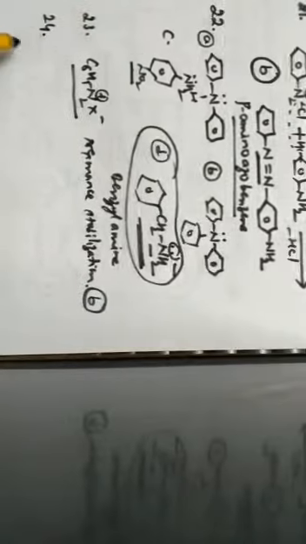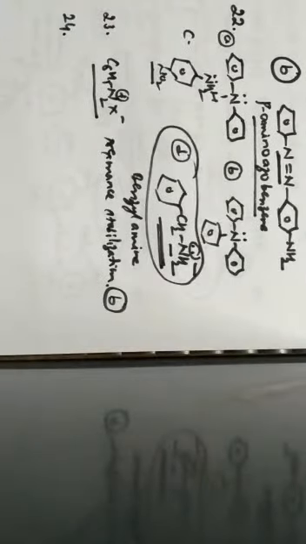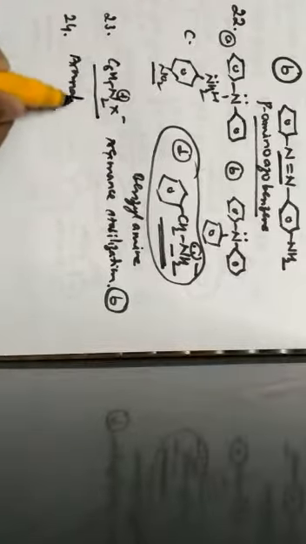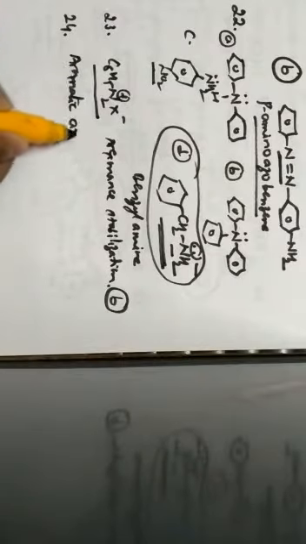Next, question number 24. Which of the following is least soluble in water at 298 Kelvin? So here, when it comes to different amines, the first option is methylamine, second option is trimethylamine, third option is dimethylamine, and fourth option is aniline. So we always know that aromatic amines are insoluble in water.